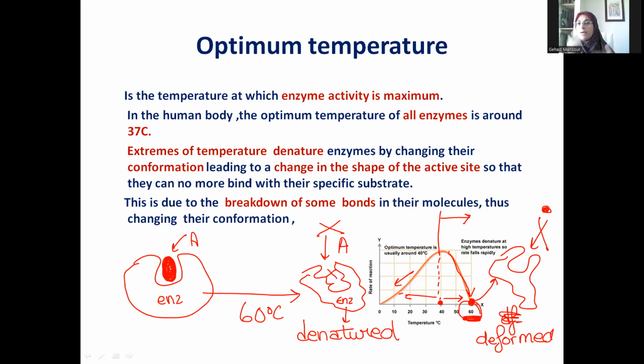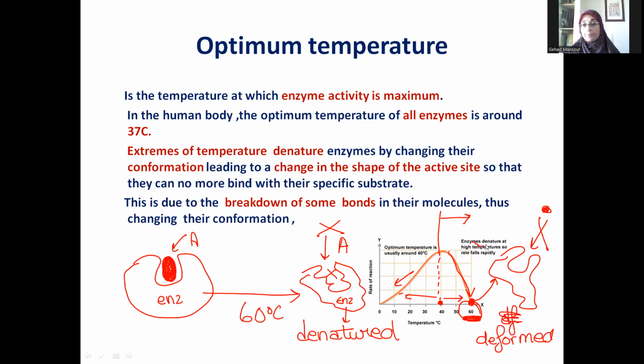If you break down those chemical bonds, you make the molecule messy, and the molecule changes its shape, and it is no more capable of having the good active site, the perfect active site it had before, and the substrate will not be able to fit with it.